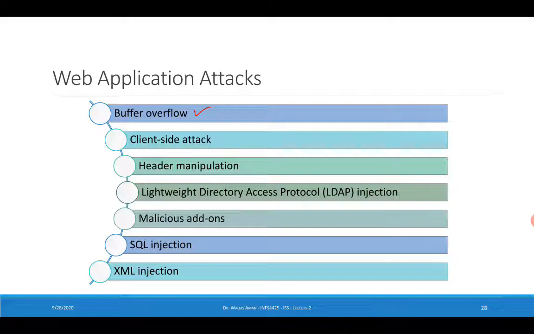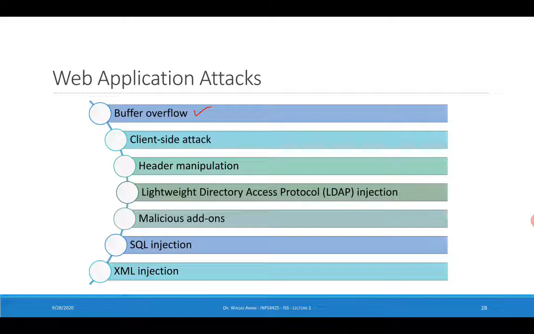Whenever they need some data to be processed, they save it in their buffer and then they move on. Now, if the input that the application is expecting is beyond the capacity of the buffer, it has to store it somewhere.